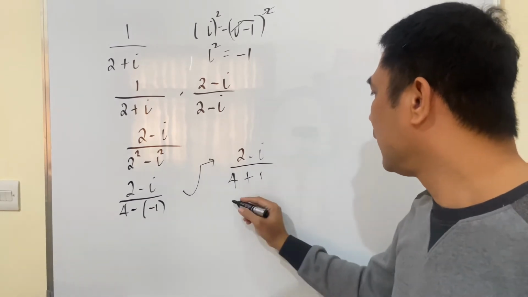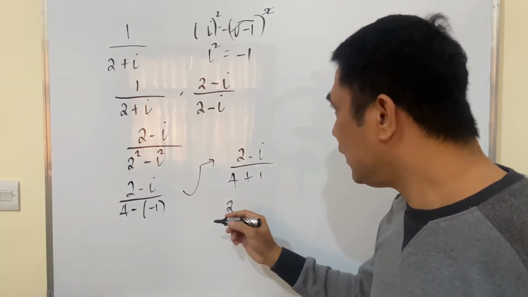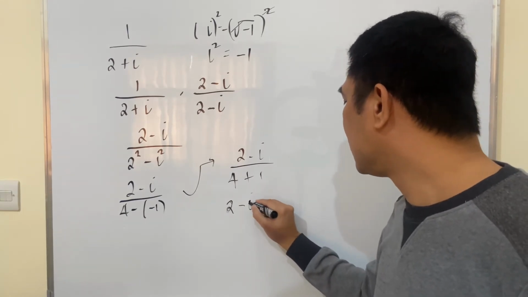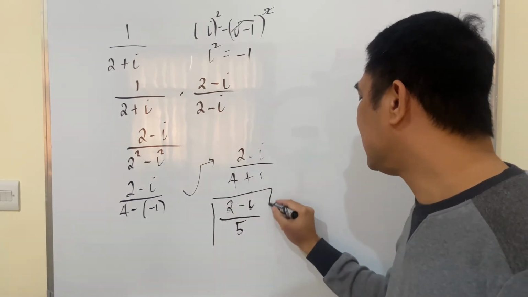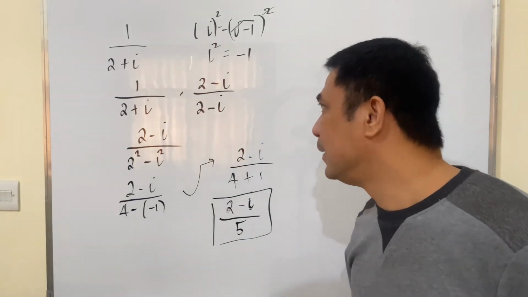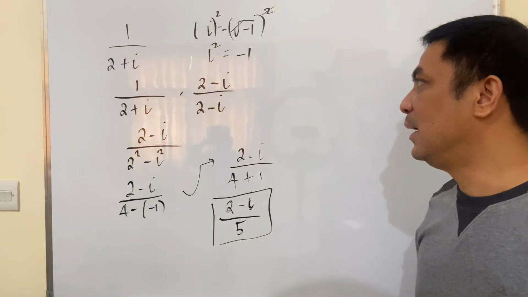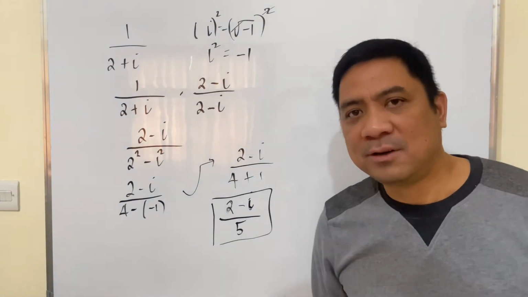Therefore, you have a final answer, the rationalized form, which is equal to 2 minus i over 5. So that is the rationalized form of the expression 1 over 2 plus i is equal to 2 minus i over 5.